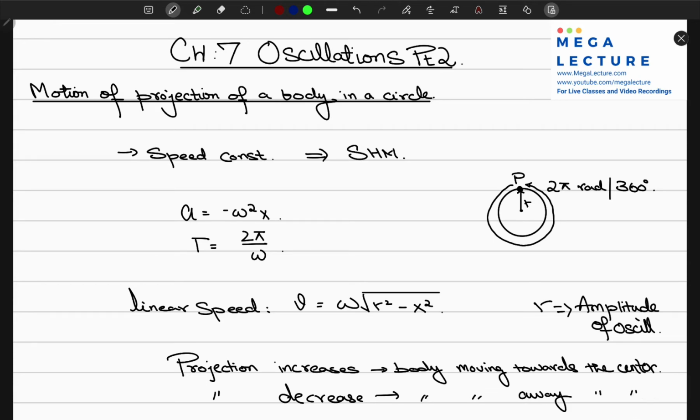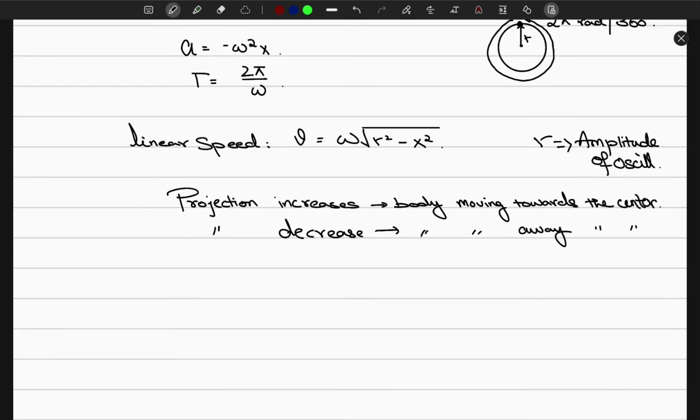Now, the reason for that is that if you remember what we studied in circular motion, the force that is responsible for keeping your body in towards the center of the circle was mv squared over r. From this expression, it is clear that force is inversely proportional to r. Now, if r increases, that means the force would decrease, and if the force decreases, the acceleration would decrease.